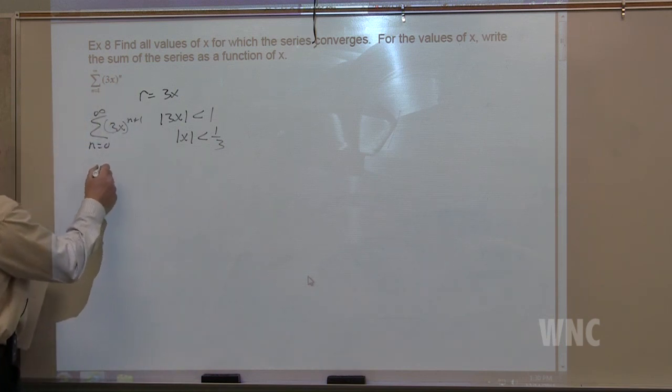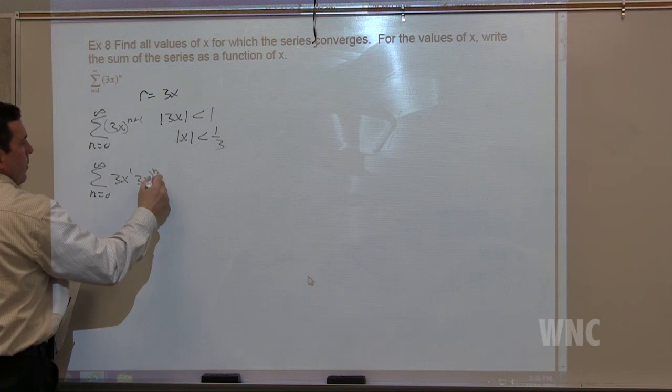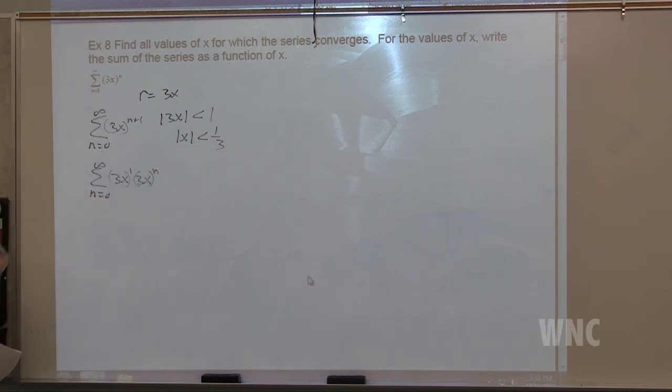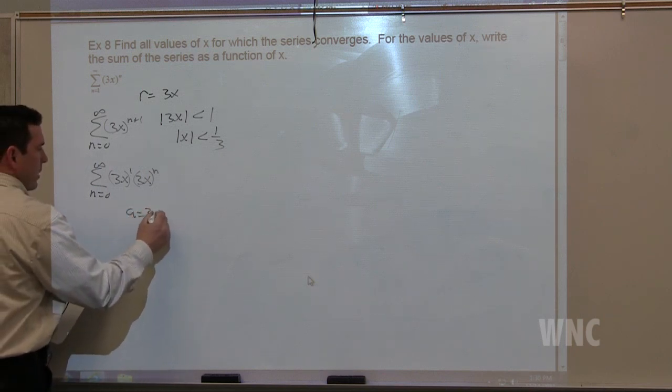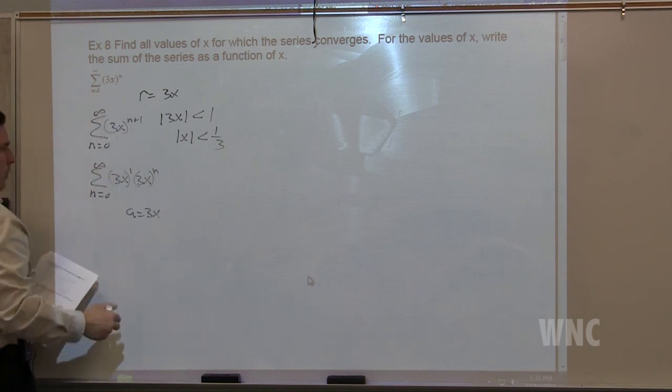Now, you can take this a step further and say n goes from 0 to infinity of 3x times (3x) to the n power. And this 3x to the n then will be a geometric series, and your a is the 3x here. So a equals the 3x there. That's how it should have been done because n needs to start at 0.